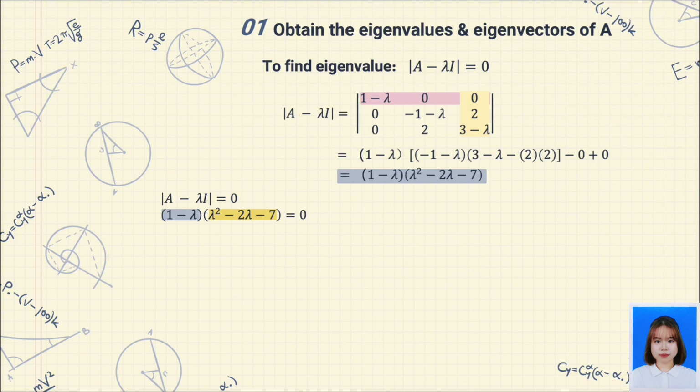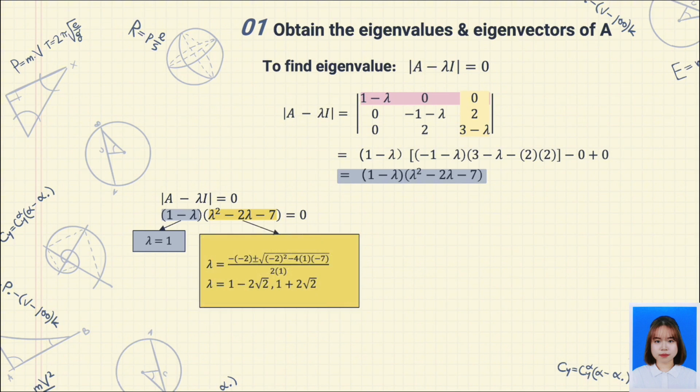The first value of lambda can be seen very clearly, which is lambda equals 1. For the second and third values of lambda, we use the quadratic formula, lambda equals minus b plus minus square root b squared minus 4ac over 2a. And we finally find that the values of lambda are 1 minus 2 square root 2, and 1 plus 2 square root 2.